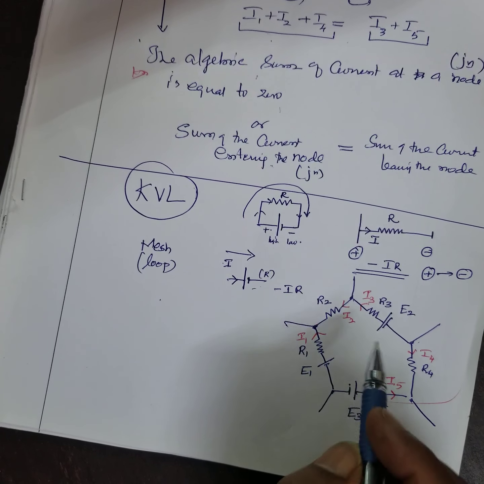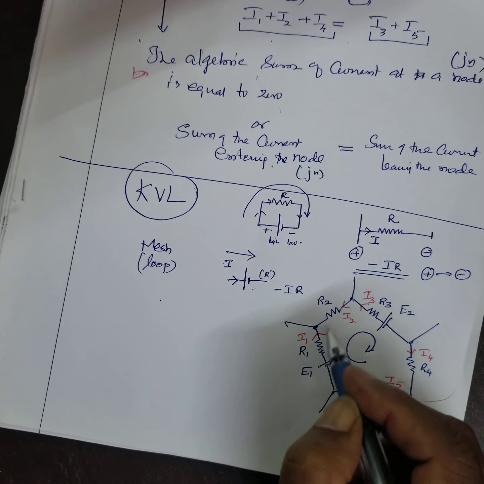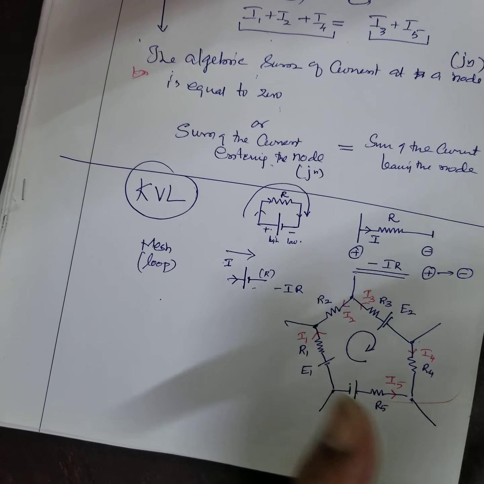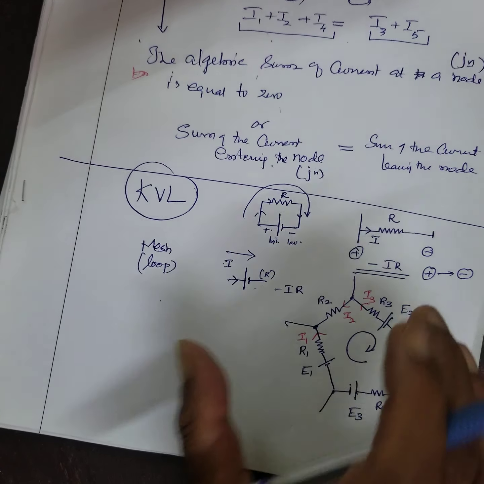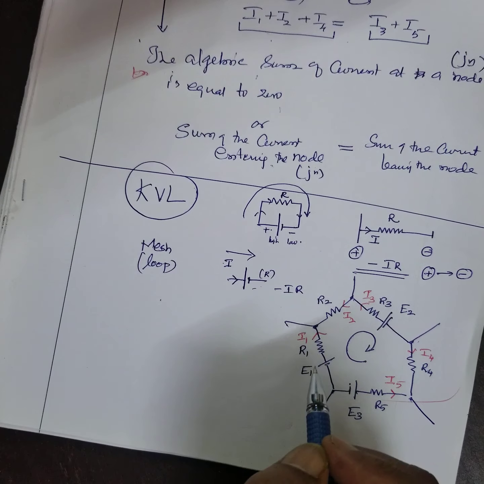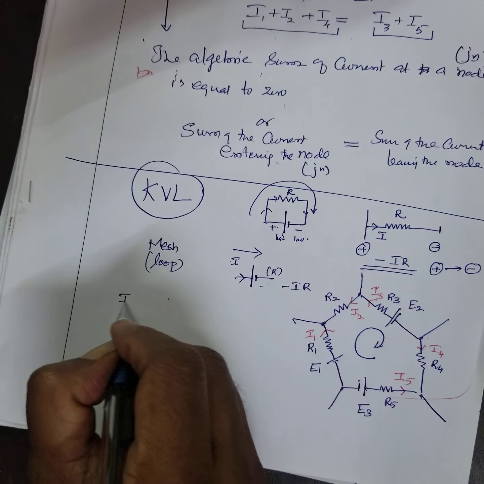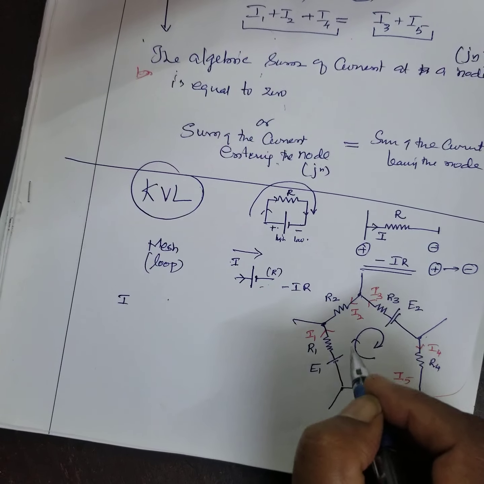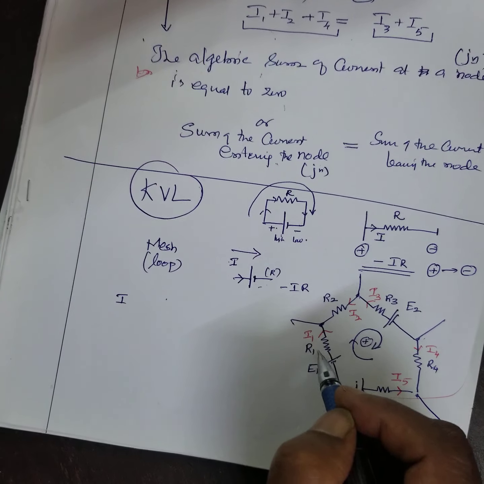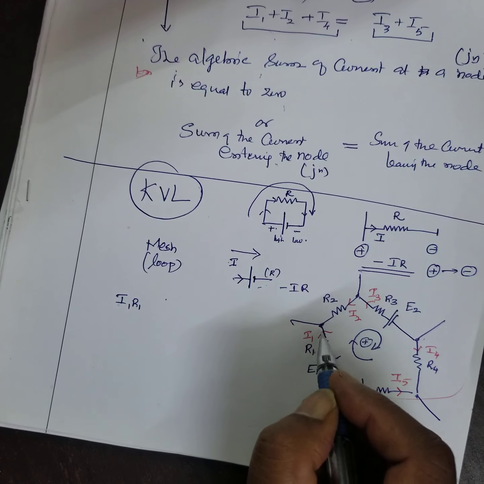Now I am going to write like this. Whatever direction I take is going to be positive. In the final exam you write like this, I am taking this direction. If I go anti-clockwise and take it as positive, current into resistance, voltage, is positive.